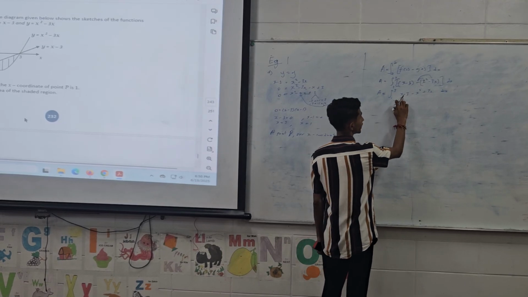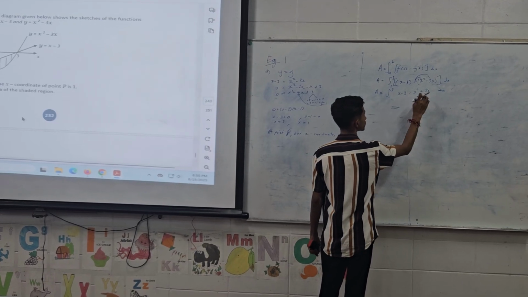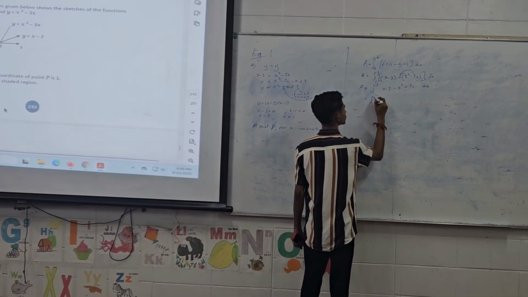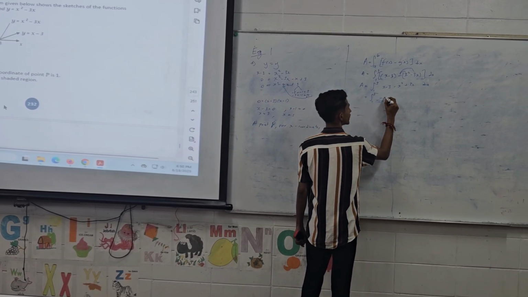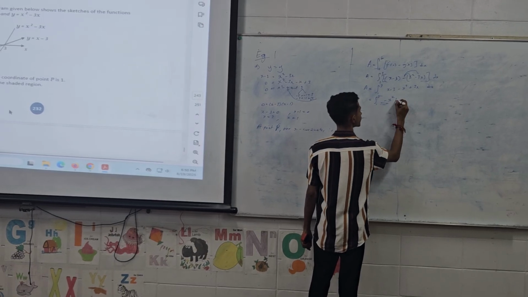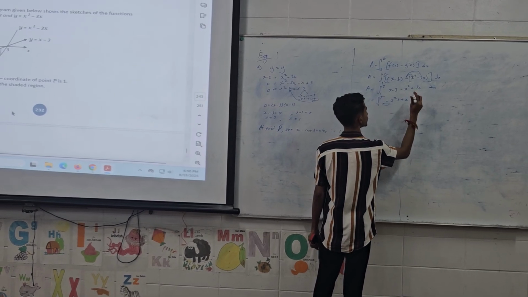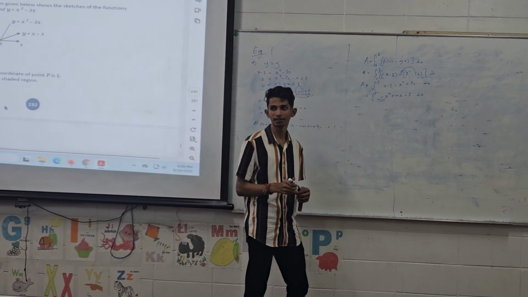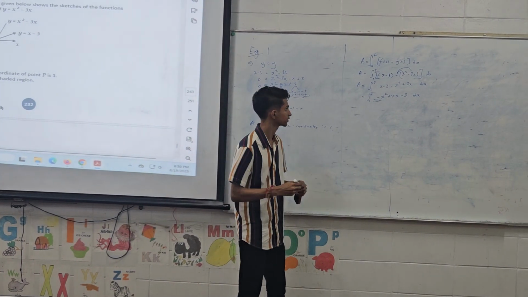Now add the like terms. We write x squared first, then x plus 3x will get 4x, and it's minus 3 dx. Now we have to integrate this in terms of x.